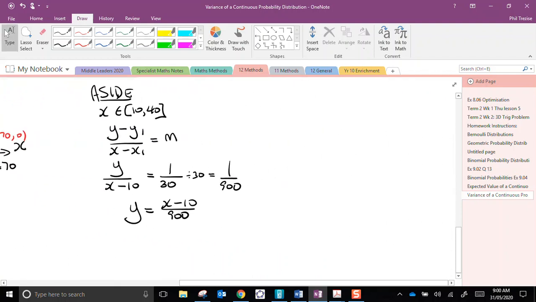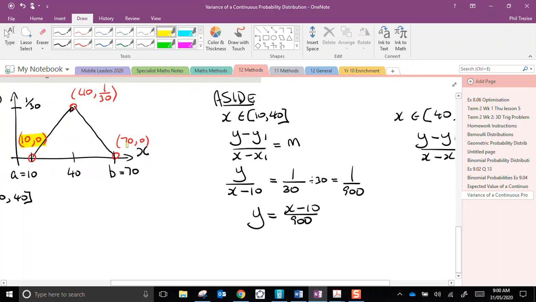Now let's do the next one, when x is between 40 and 70. I'll do the same version of the formula, y minus y1 over x minus x1 equals the gradient. Again, I will choose this as the x1, y1 pair because there's a 0 there.